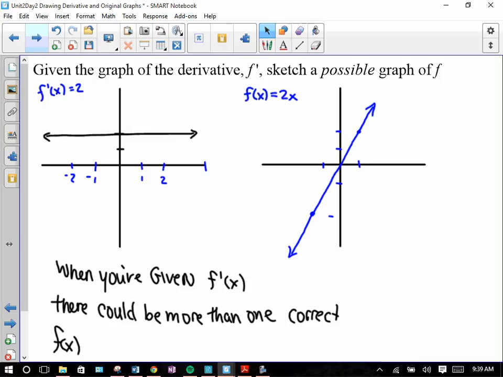When they ask these types of questions, if you don't read it correctly, you might be looking at the wrong graph. You might be thinking f of x is that. Okay? Because we're on this part right here.